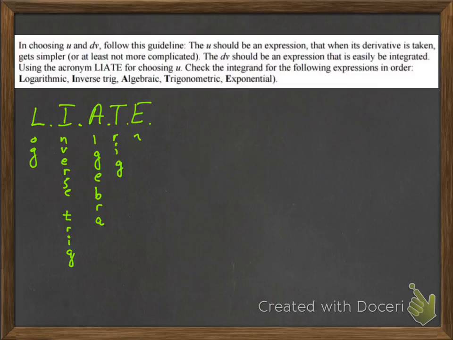And E is going to be exponential. So if you have a natural log and an e to the x in your problem, then since L comes before E, the logarithm or the natural log is going to be your u value.